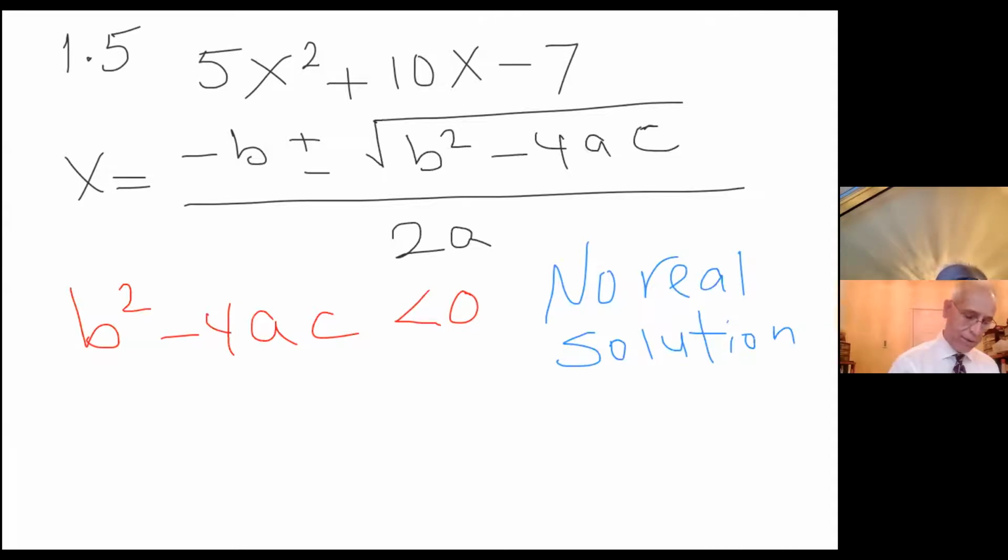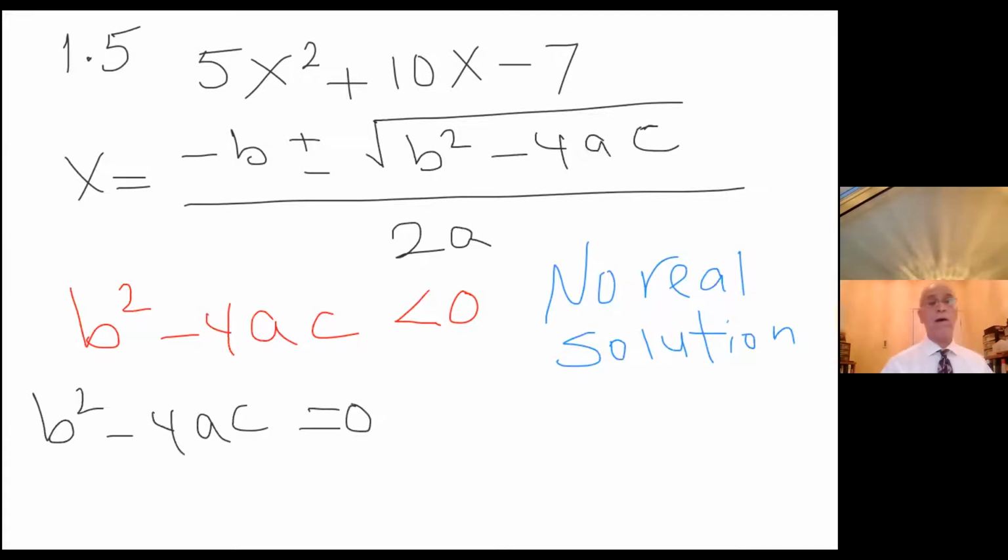If b squared minus 4ac equals 0, I have one repeated real solution. So the graph of this quadratic hits the x-axis only once. If b squared minus 4ac is greater than 0, in other words, it's positive, then I have two real solutions.